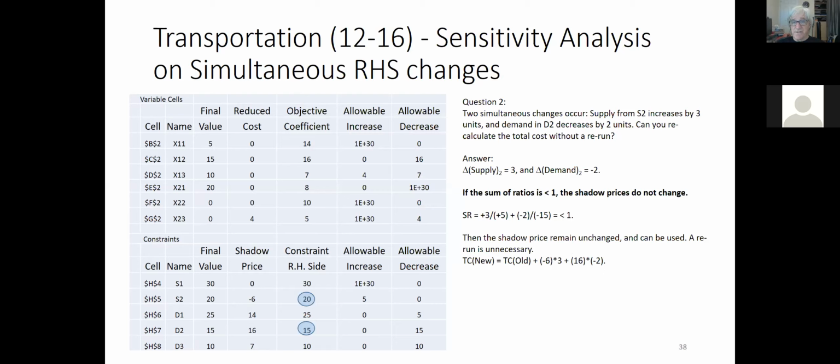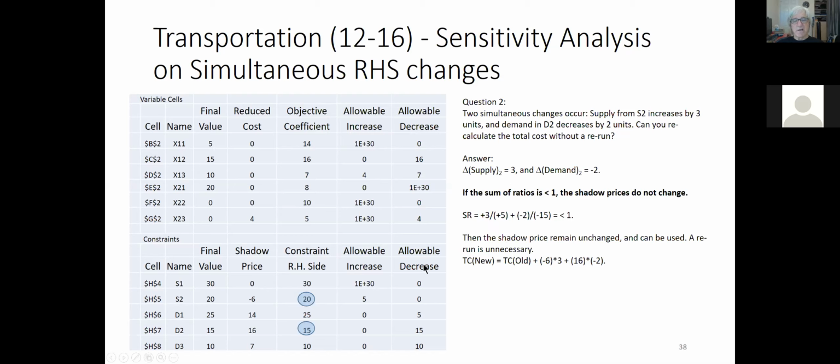Can we use shadow prices? We apply the sum of ratios rule from before, only that before it was applied to the objective function, and now it is applied to the constraints. Exactly the same way, exactly the same rule. So this delta is 3, and this delta is -2.